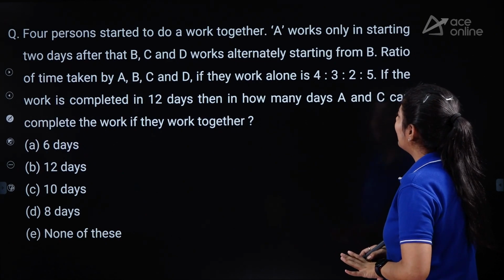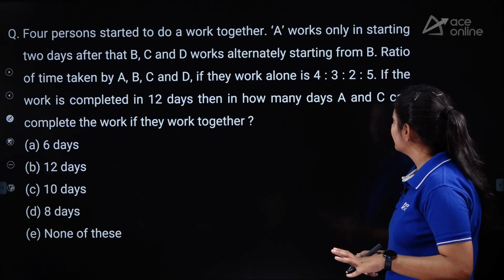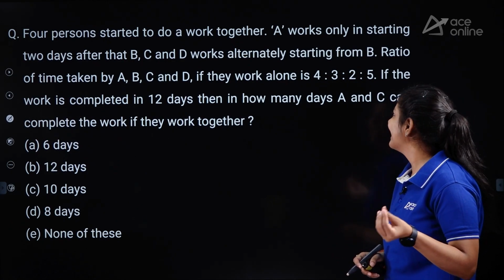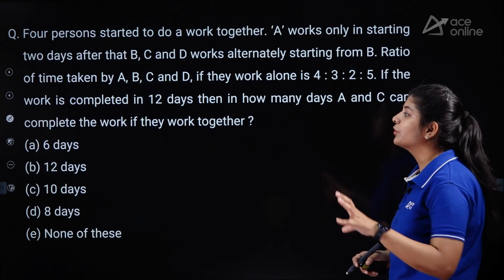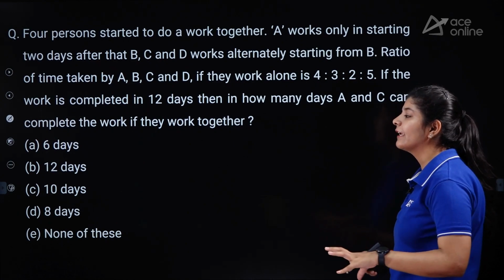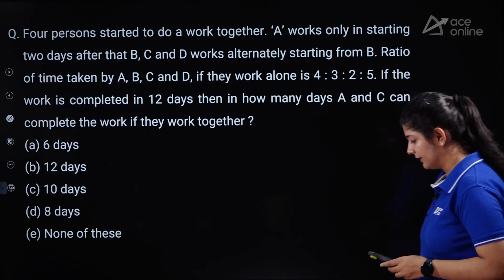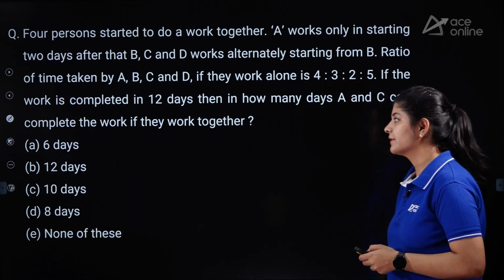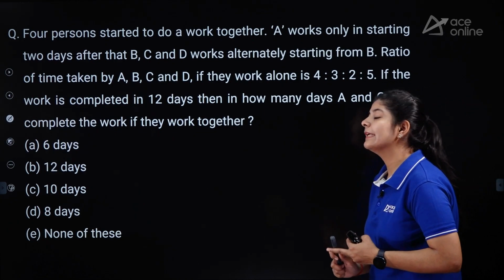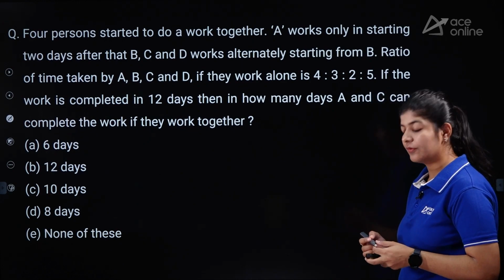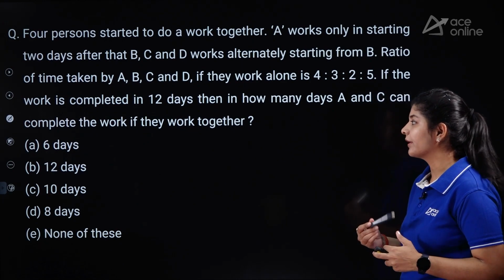What you have to do is find out the time taken by A and C together if they want to complete the same work. And these are your options. So just simply read each and every line carefully and answer accordingly.